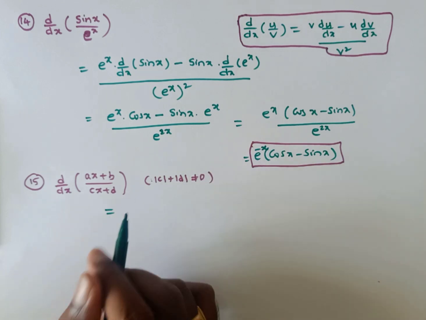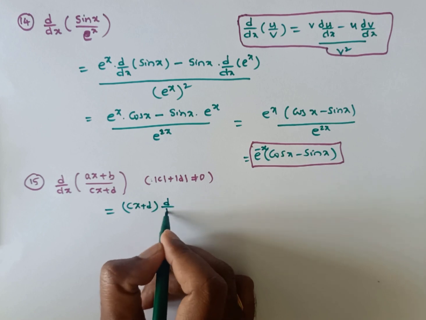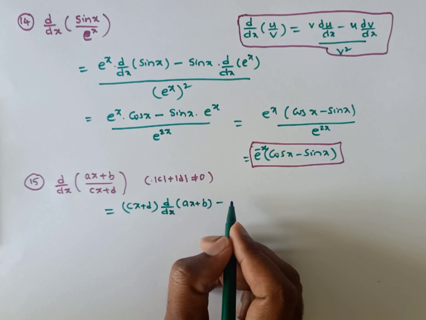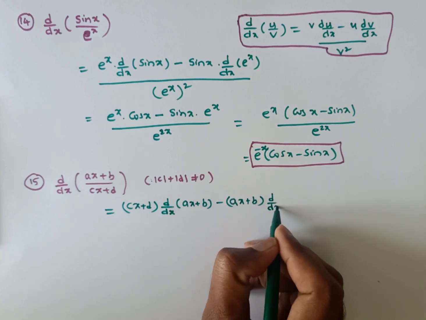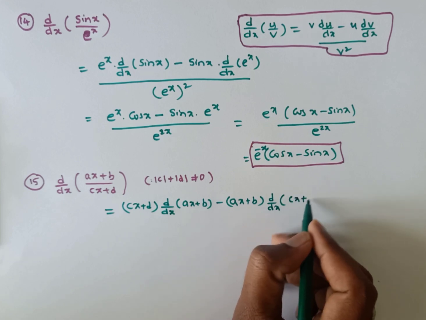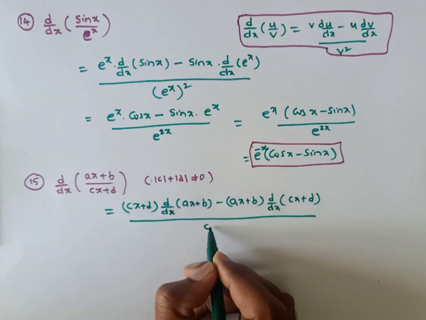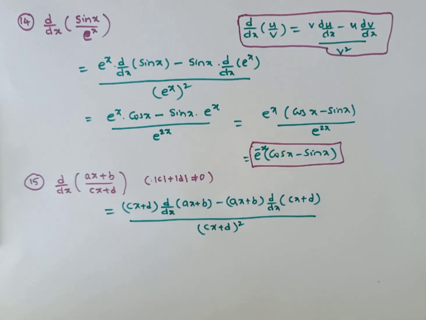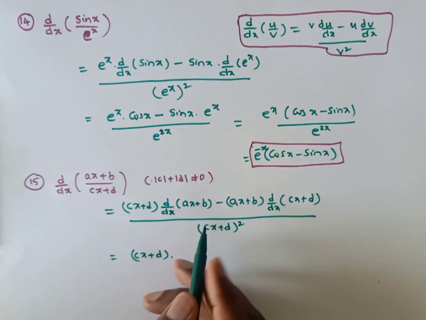Now here v means cx plus d, into d by dx of u, so it is ax plus b, minus u, that is ax plus b, into d by dx of v, that is cx plus d, divided by v square. V means cx plus d whole square. Now let's find this out. So cx plus d is as it is into the derivative of ax plus b.